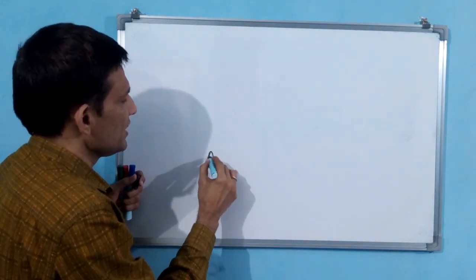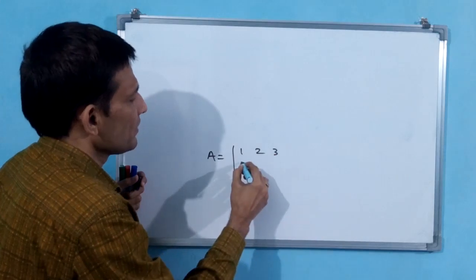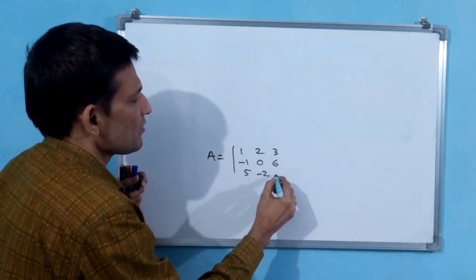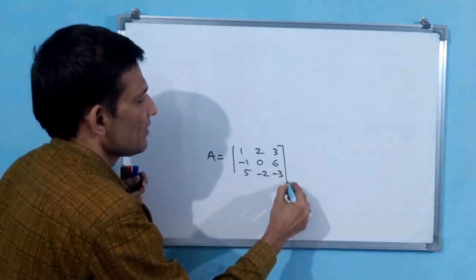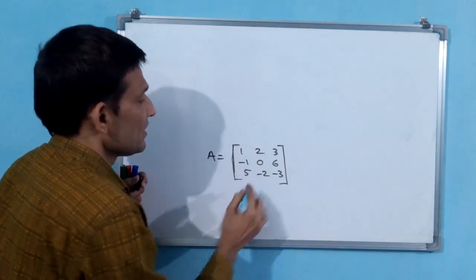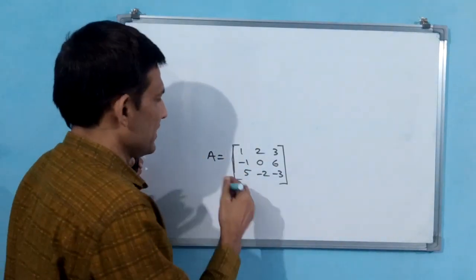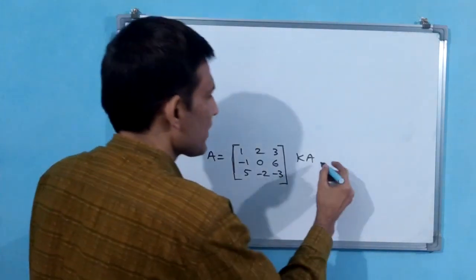Now you see, A is 1, 2, 3, minus 1, 0, 6, 5, minus 2, minus 3. Now this is a matrix. We have gone back to matrix for recall of this property. Now if some kA is there, how do you write it?